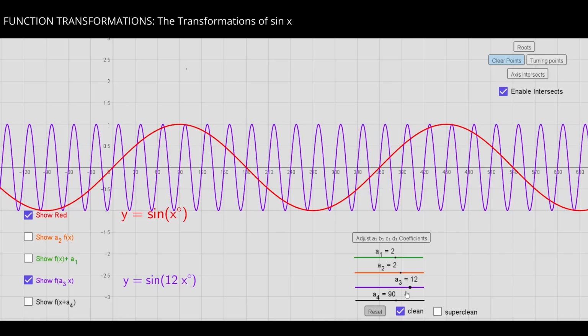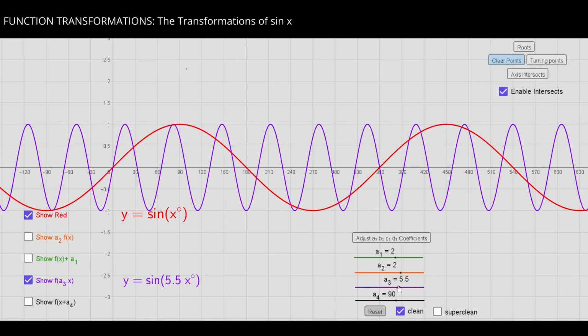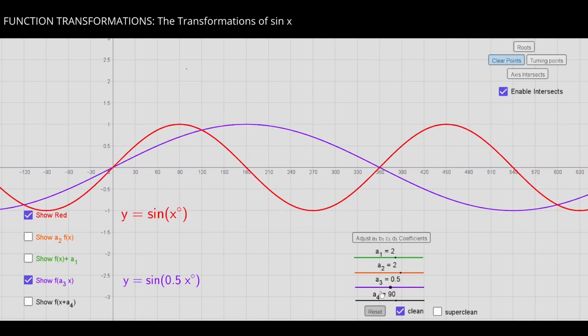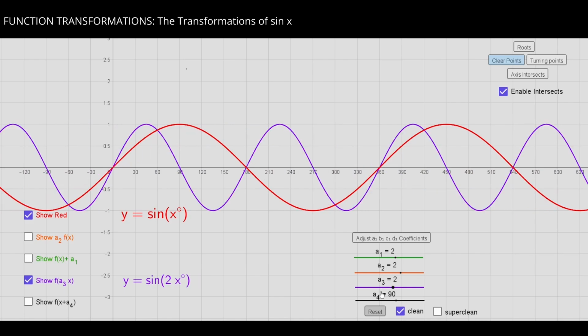And if you count quickly enough, the purple waveform is doing 12 cycles, where the red wave only did 1. And if I go below 1, the wave stretches out. So to achieve any form of stretch, whether that's a positive stretch or a negative stretch, we've put a multiplying factor next door to the x.